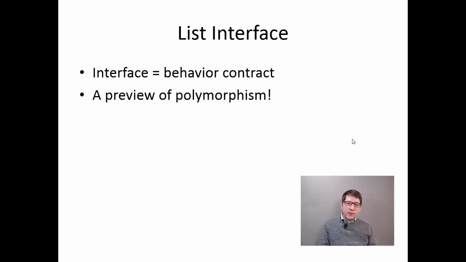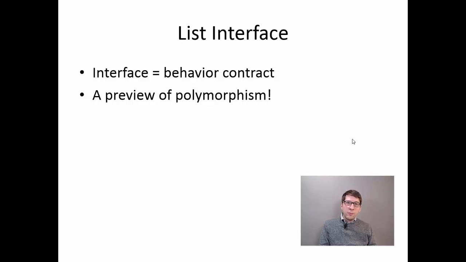One way I can try and explain it is this idea of polymorphism, which is a big idea in object-oriented programming. Polymorphism just means many forms. That's what the Greek root is for it. And essentially what it tells you is if you have a reference to something like a list, you can store in that reference variable any type of object that implements that list.